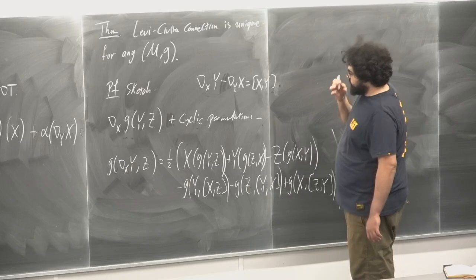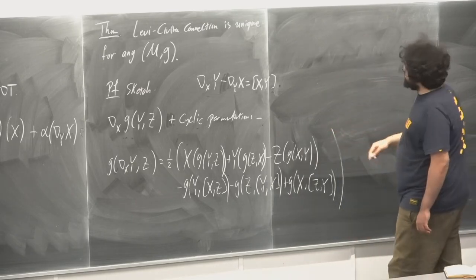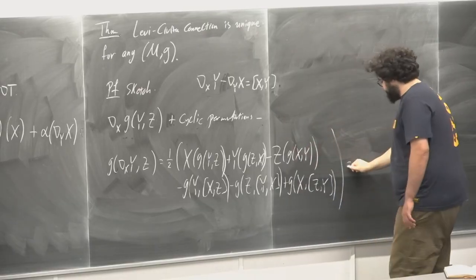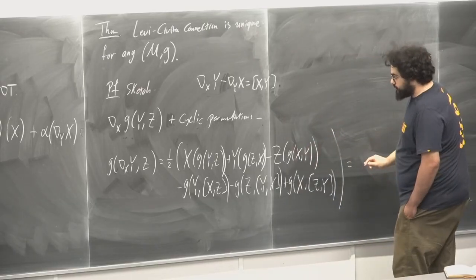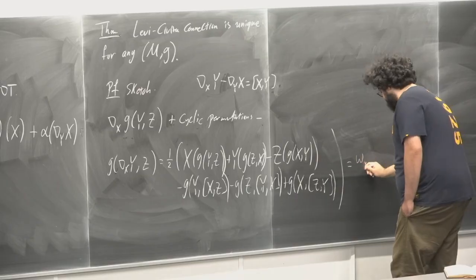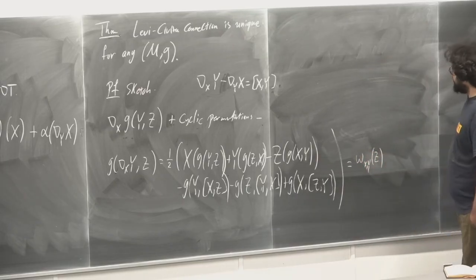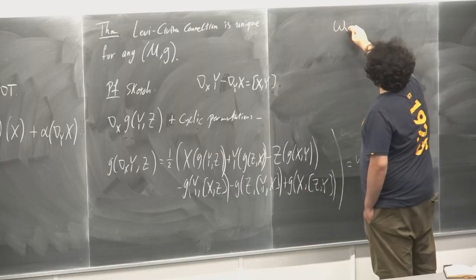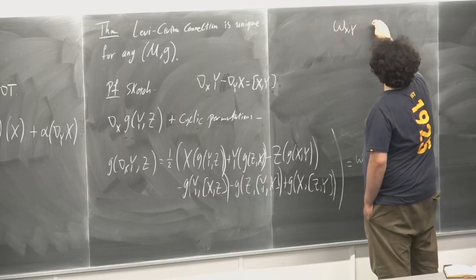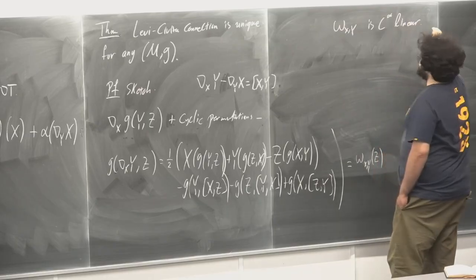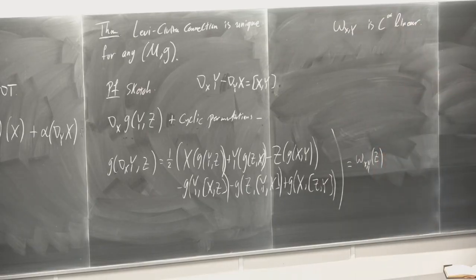It's because pure computation shows that if I call this thing omega x y of z, okay, omega x y is C infinity linear. That's just a computation that one can check.